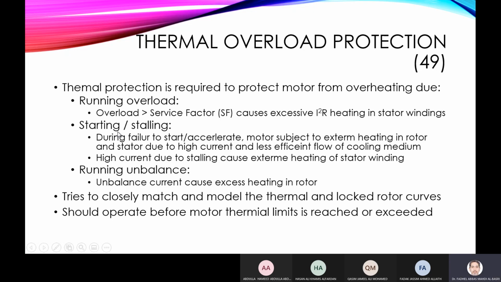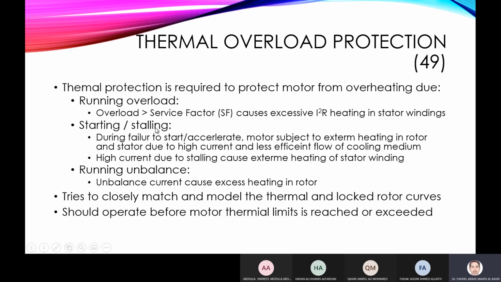The second is overload that happens during starting. If you start the motor while the voltage is not high enough, or there is a jam on starting, so it cannot accelerate. This is called stalling, or motor starting, then a voltage dip, and you don't have undervoltage protection.